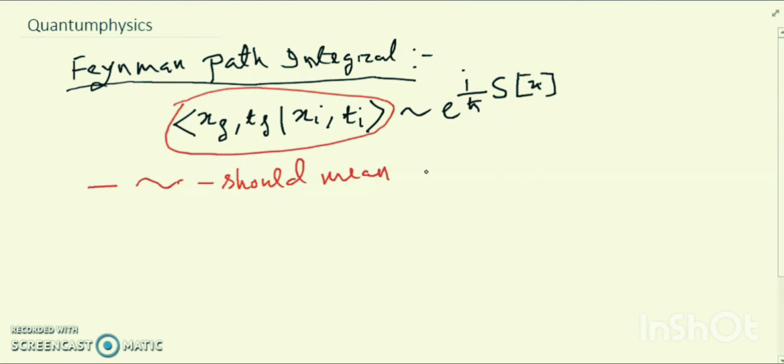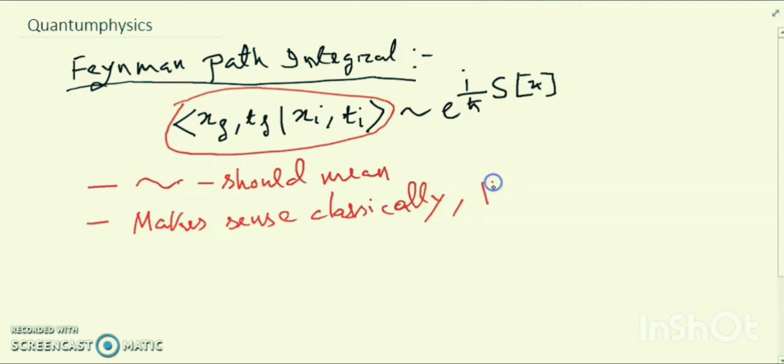Okay, and this equation makes sense only classically. And why?